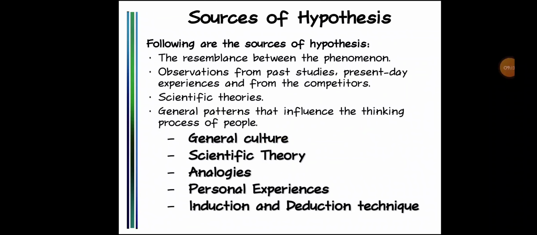Sources of hypothesis. Following are the sources of hypothesis: the resemblance between phenomena, observations from past studies, present day experience and from competitors, scientific theories, general patterns that influence the thinking process of people, general culture, analogies, personal experience, induction and deduction technique.